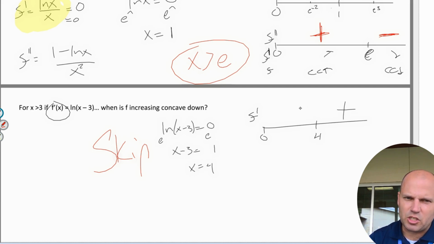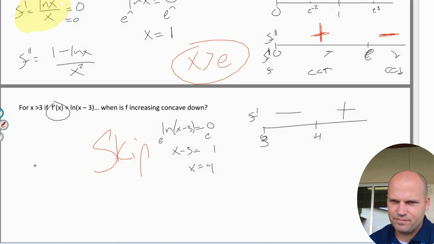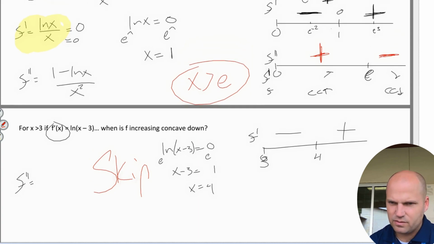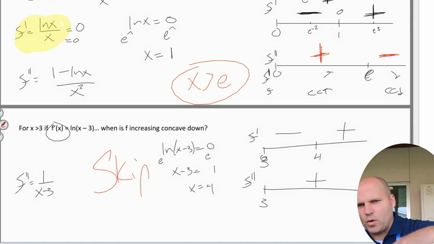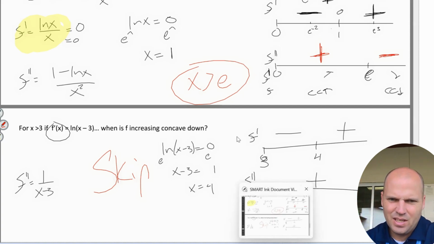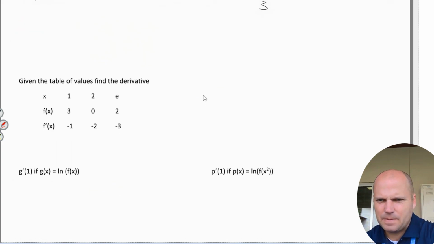If I plug in something smaller, this is for x bigger than 3. Yeah, just skip this. It's not a good question. I remember this. x is bigger than 4 is the answer, but not a great question, so we skip.